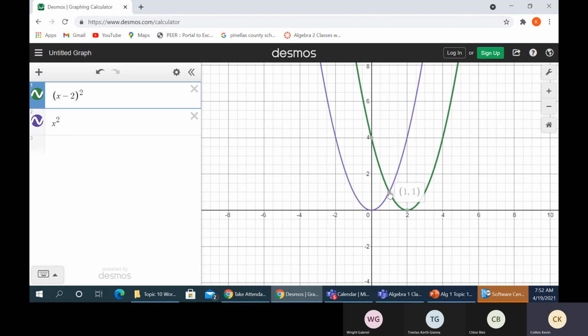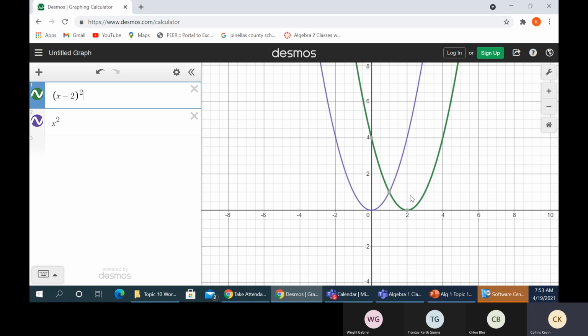And again, same deal. Notice here, we go back 1 and up 1 because this would be 1 less. So if I put in 1 here, I have 1 minus 2 is negative 1, and then we square it. Negative 1 times negative 1 is positive 1. So that's that guy. And then the same thing happens if I plug in 3. 3 minus 2 is 1, and 1 times 1 is also 1.